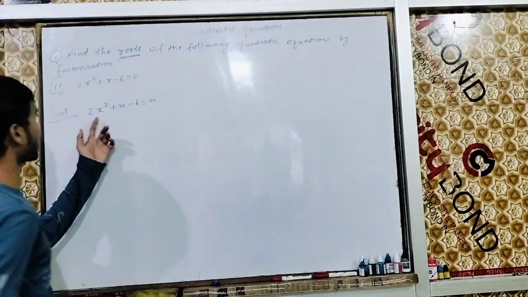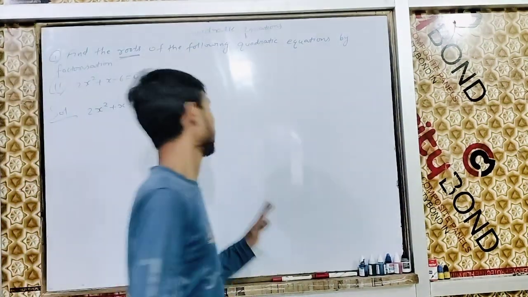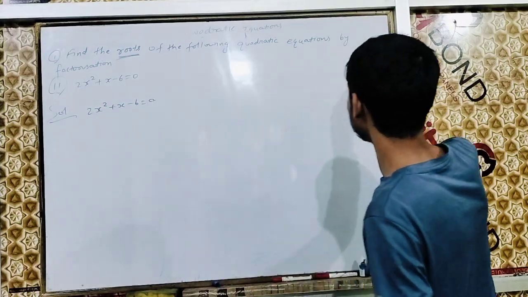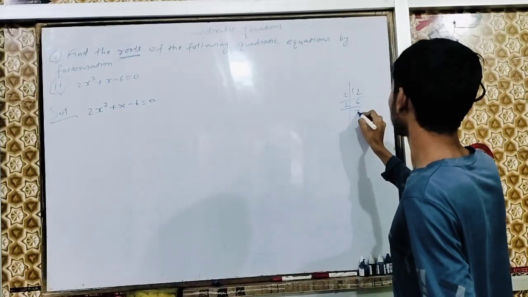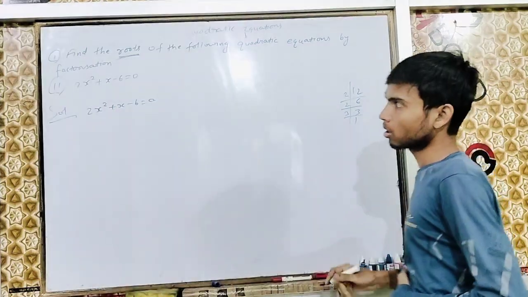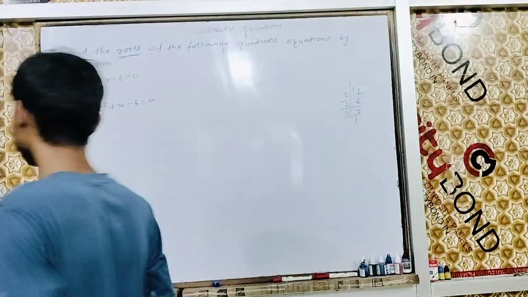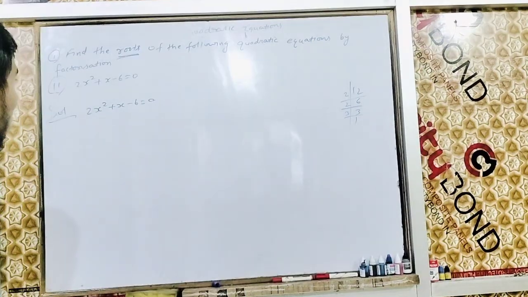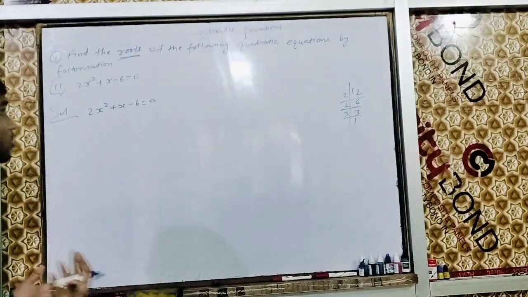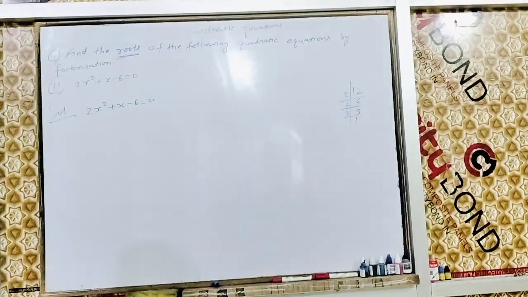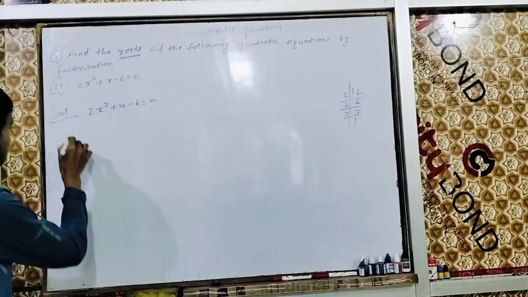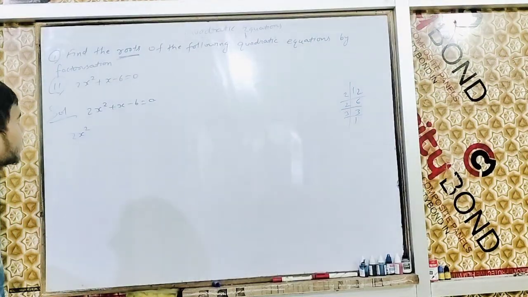Here you can see the product of 2 and 6 is 12, and we need factors of 12. What numbers will give that product, and whose sum will give us plus 1? So here 2x square will be as it is.